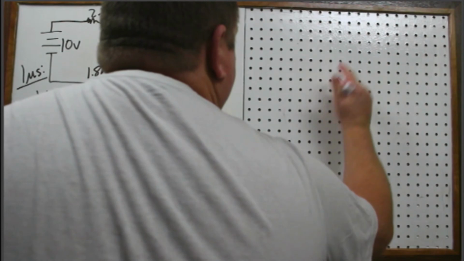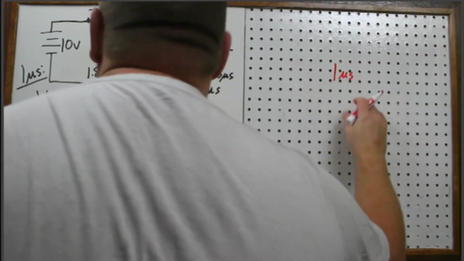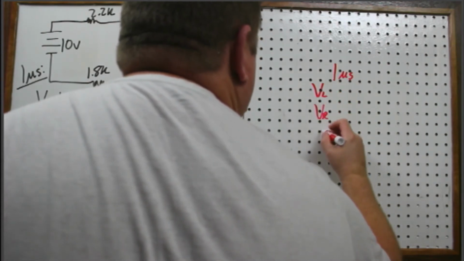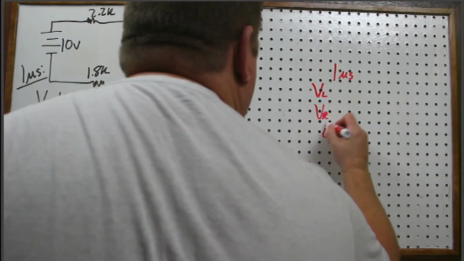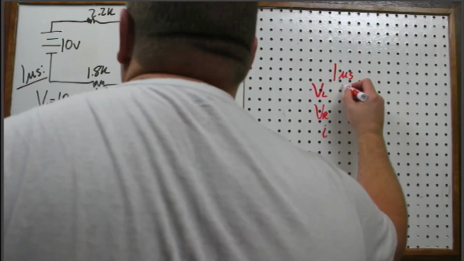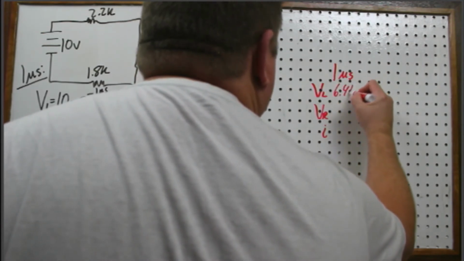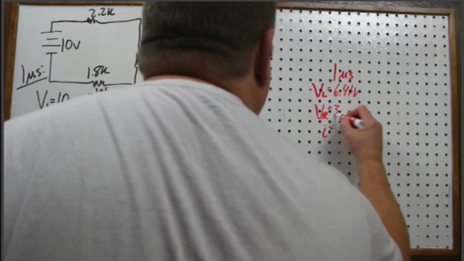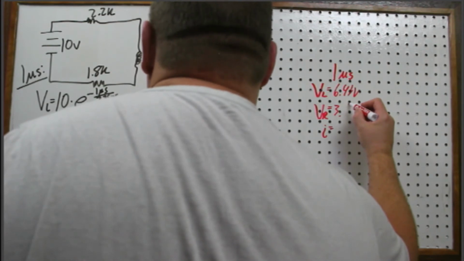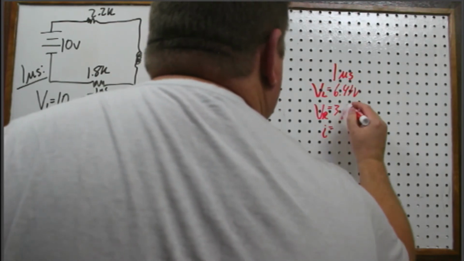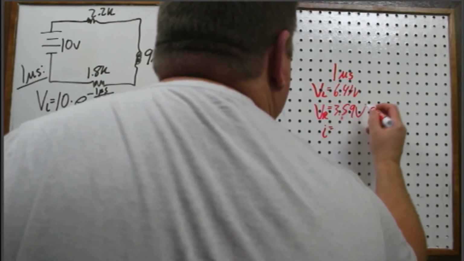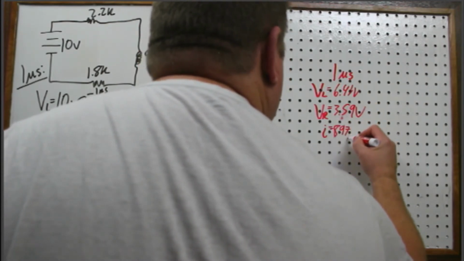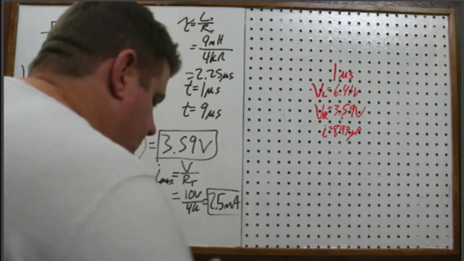So for 1 microsecond, we had VL, VR, and I. This was 6.41 volts, this was 3.59 volts, and this one, 897 microamps. Okay, now let's look at the other point in time.